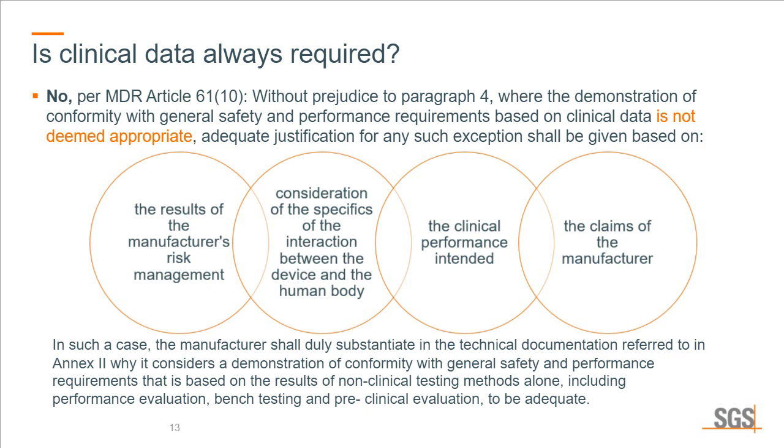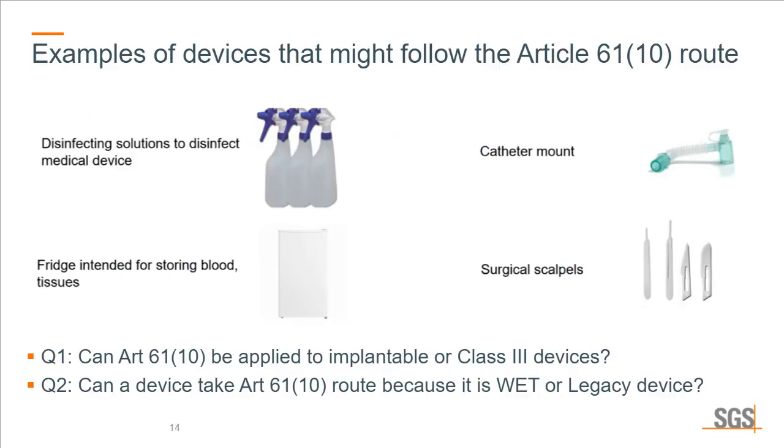So the manufacturer needs to provide the burden of proof. But just to give you a little bit of a taste of what the notified body and the regulators are looking for, what kind of devices would we find it reasonable to justify that you don't need clinical data to show compliance with GSPR requirements?